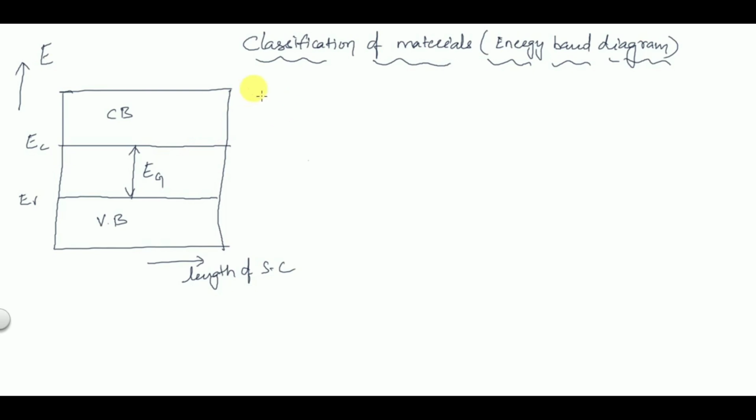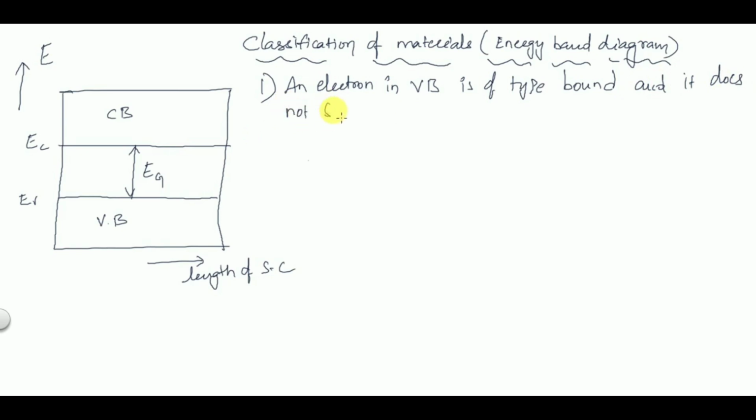The points you have to remember here: first of all, an electron in the valence band is of type bound, and it does not support current conduction.